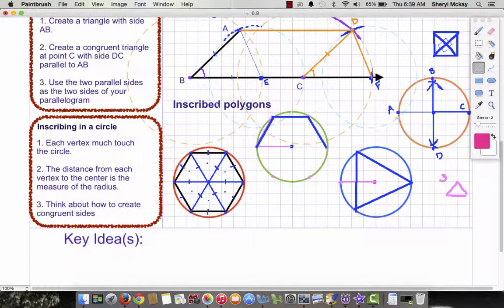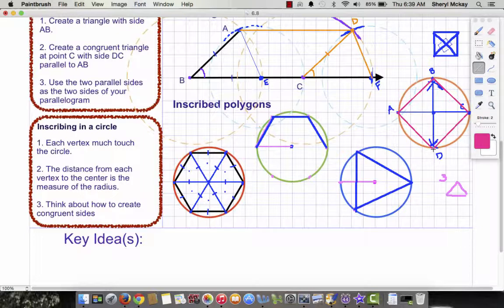When you connect A to B with your straight edge, and then B to C with your straight edge, and C to D, and D to A, you've just created a square. And you've inscribed your square inside a circle. And the key to that was using your diagonals. It was important to use your diagonals, wasn't it?